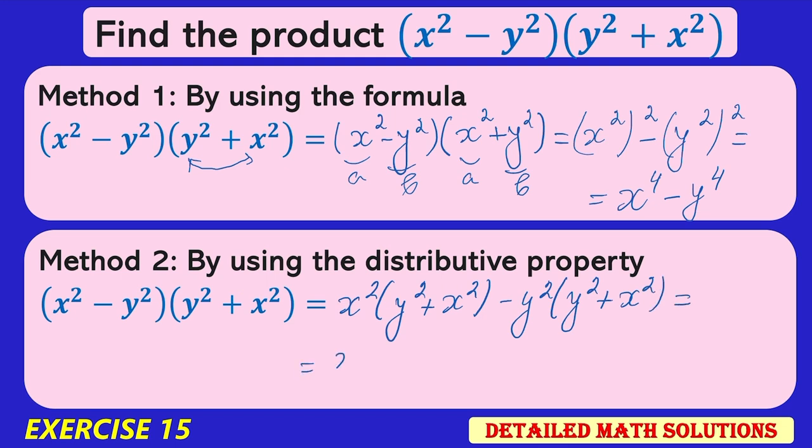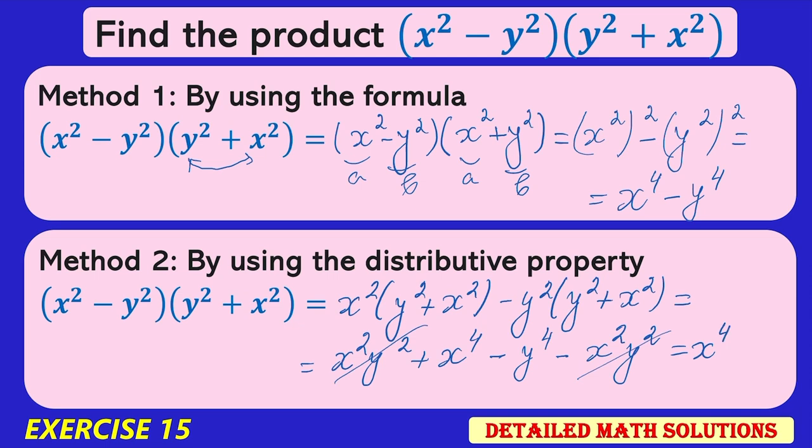This equals x squared y squared plus x to the fourth power minus y to the fourth power minus x squared y squared. I have the same terms with opposite signs, and they cancel out because their sum equals 0, and this equals x to the fourth power minus y to the fourth power.